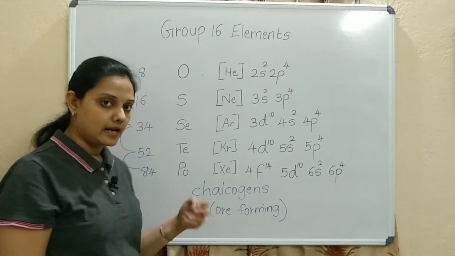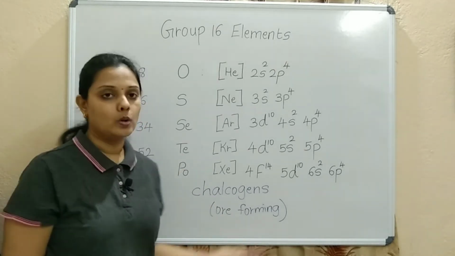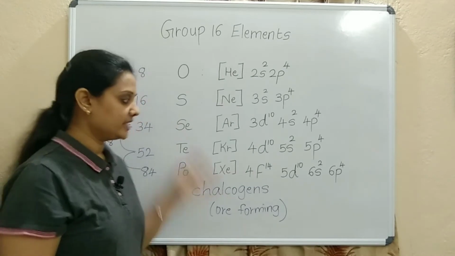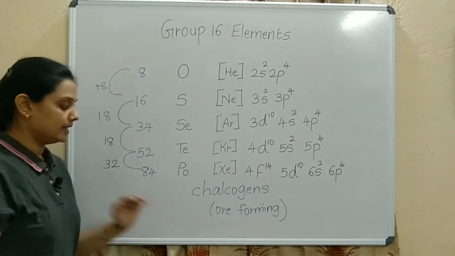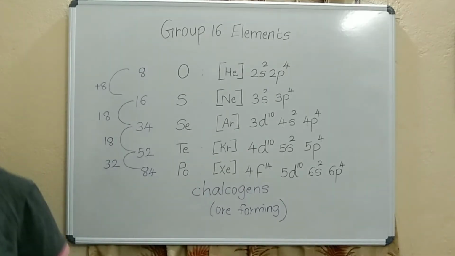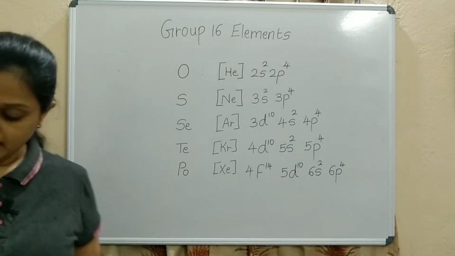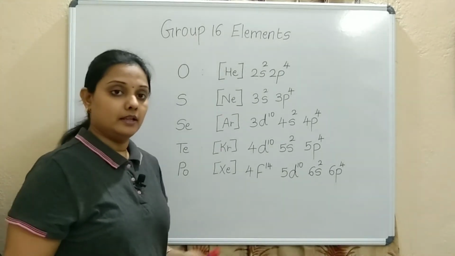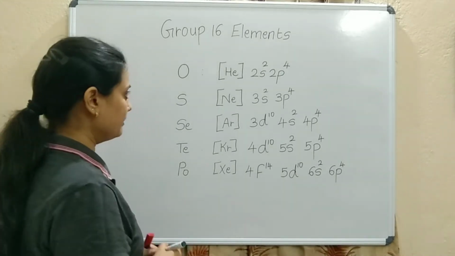It's a Greek word, chalcos, that means ore forming. Just make a note of these points, then we will move further to the properties. We will see the properties now one by one.